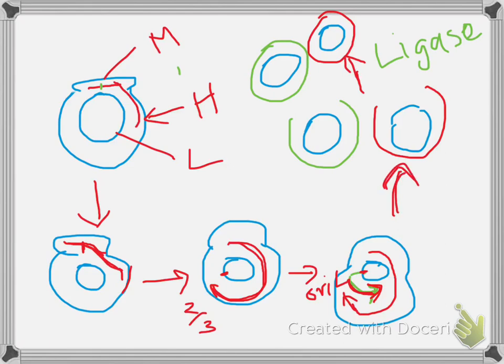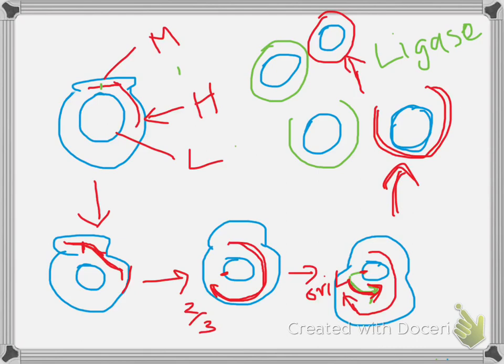So we get strands like this. This is the light strand. This is the heavy strand, with the complementary strand synthesized for the light strand here and the complementary strand synthesized for the heavy strand here.